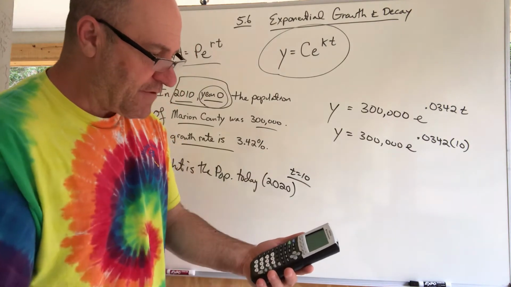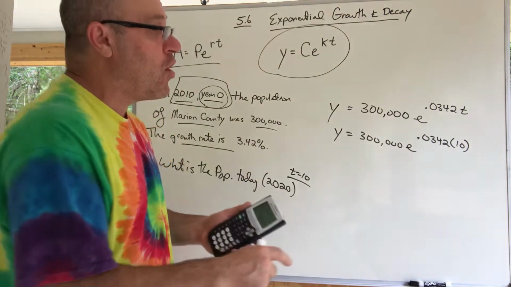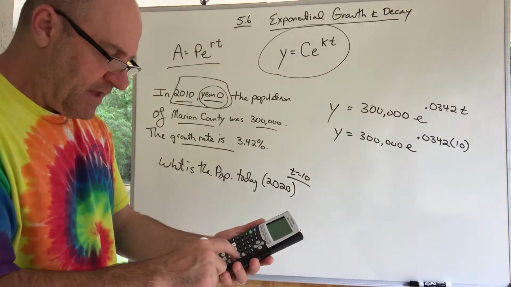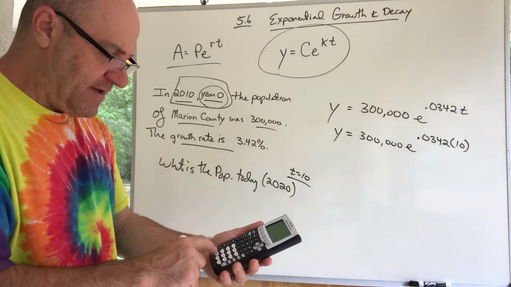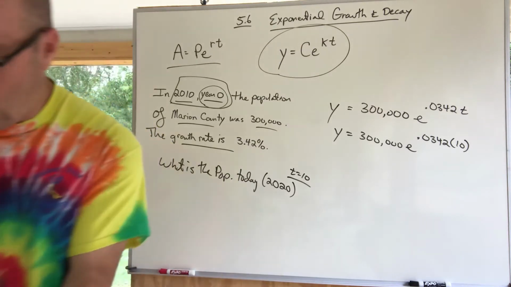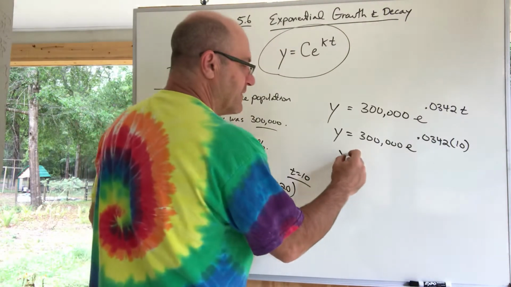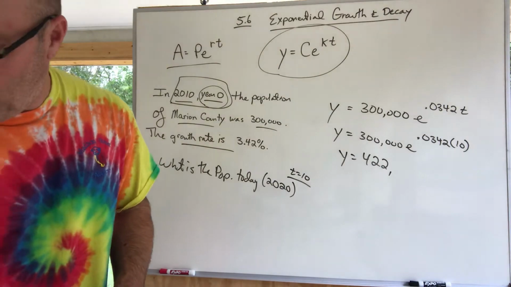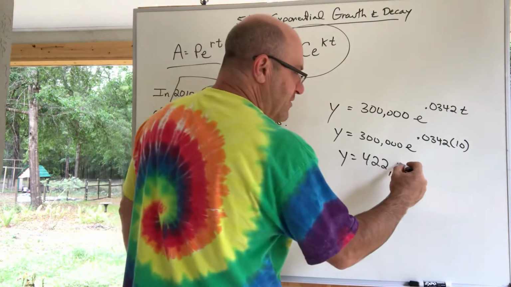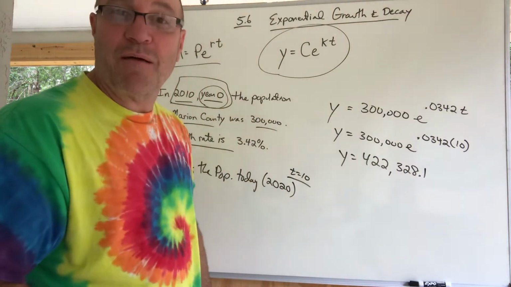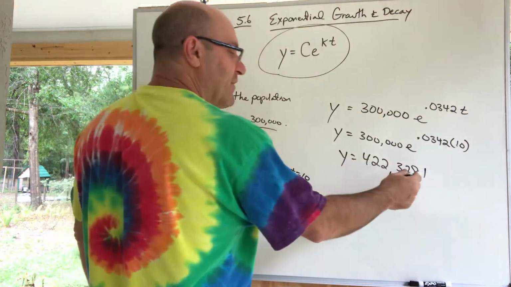And I'm going to hit enter. And now I got 1.4077. But now I multiply by the 300,000. And I get my answer. 422,328.1 persons. So we could round off that 0.1 person, just call it 328.